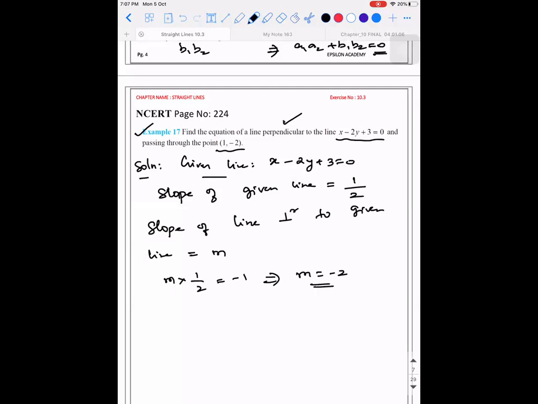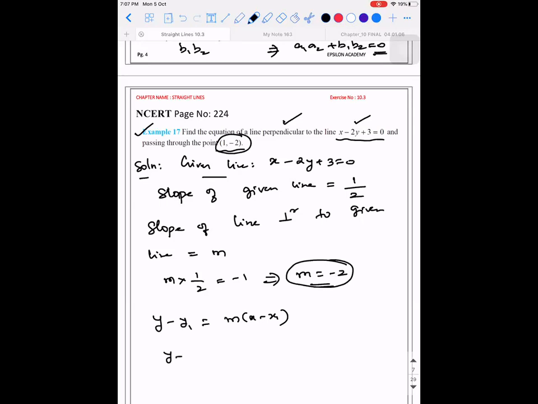Means I first found the slope of the line which is given to me. From there, we found the slope of the line which is perpendicular to it. Once you get that, you have slope and you have point, then you can use the slope point form. So slope point form says y minus y1 is equal to m into x minus x1.